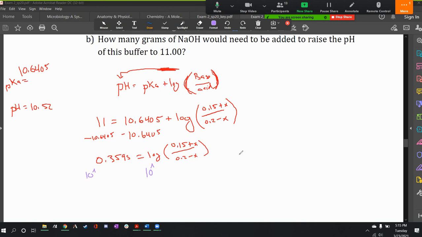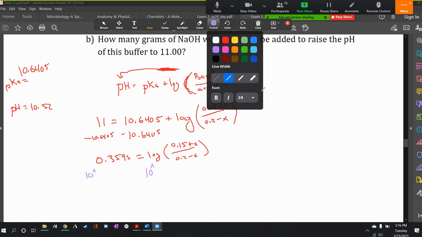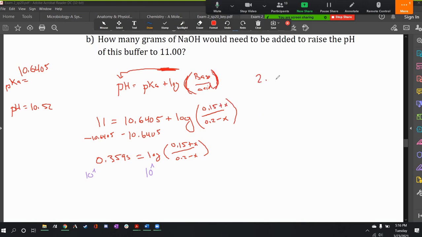On the left side, we get 10 to the power of 0.3595, and that is 2.2882. It is equal to, the 10 to the power of log just makes the log go away, so it's just equal to what's inside the parentheses: 0.15 plus x over 0.2 minus x.